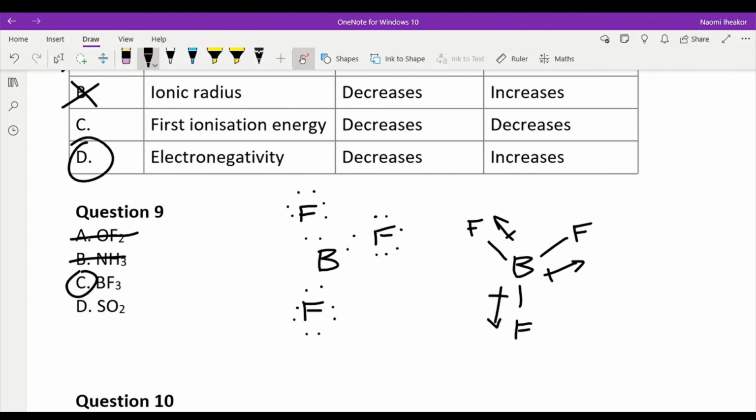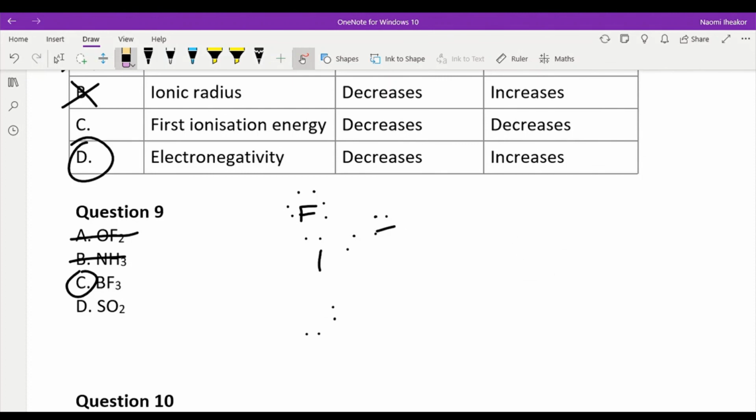So if I draw that for you like this, it'll essentially look something like that. So those dipoles cancel each other out, which leaves the molecule as a whole nonpolar. So C, BF3 is definitely nonpolar.